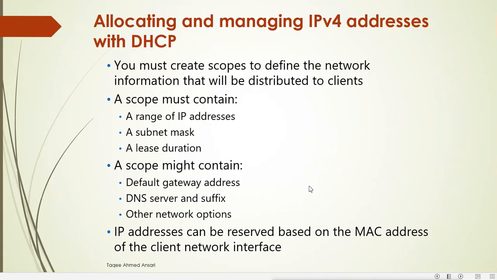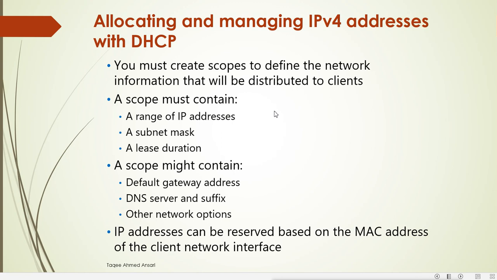After completing the installation of the role and the post installation task, the next thing is to configure allocating and managing IPv4 addresses with DHCP. You must create scopes to define the network information that will be distributed to the clients. So first we have to create the scope, which is going to distribute the IP addresses to the clients.